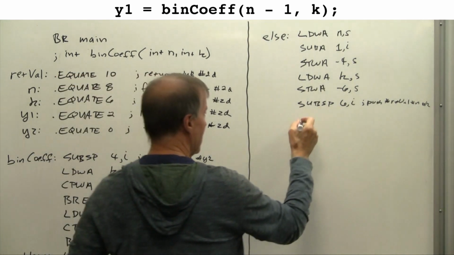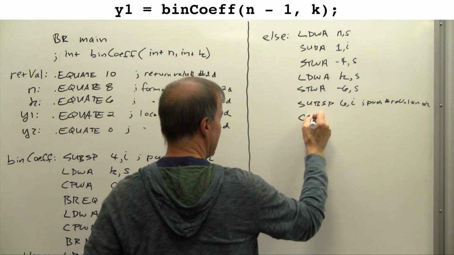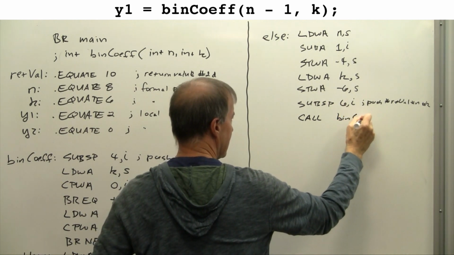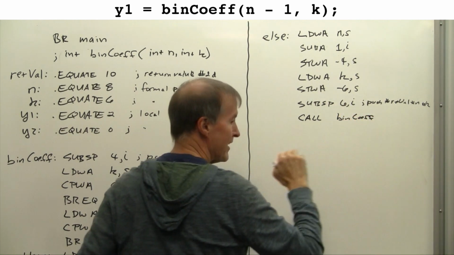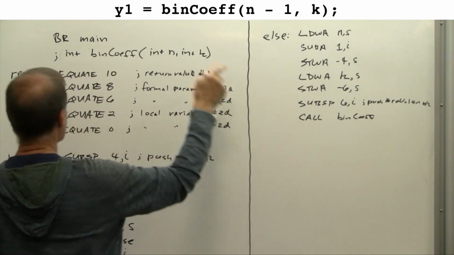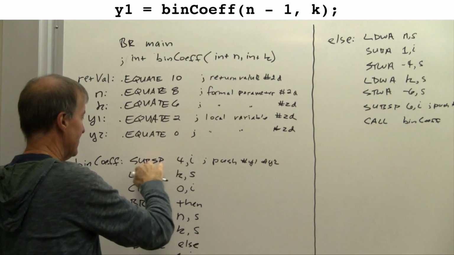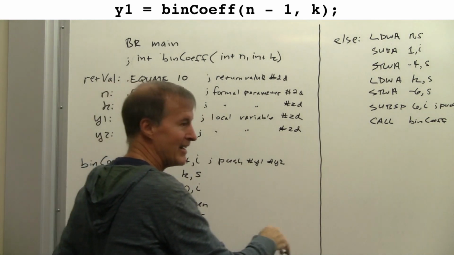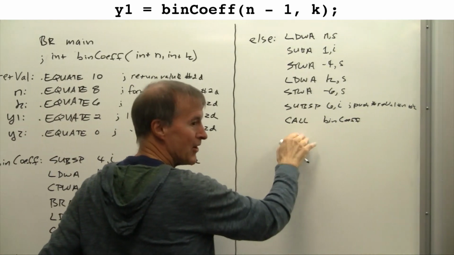Call what? Bin coefficient. All right? And now what's that going to do? That's going to come up here, do the sub SP, and do its thing. And then after we get back from this call, what do we do?